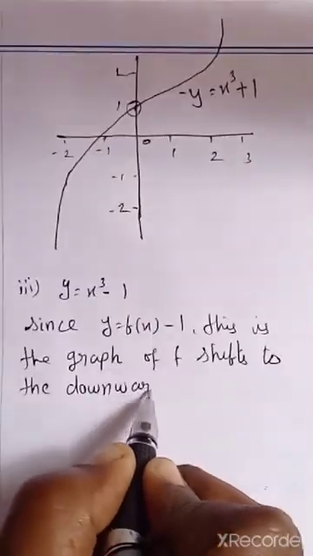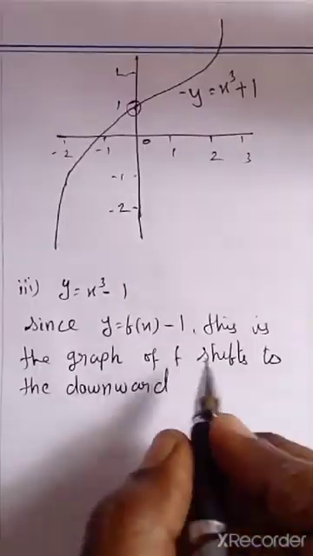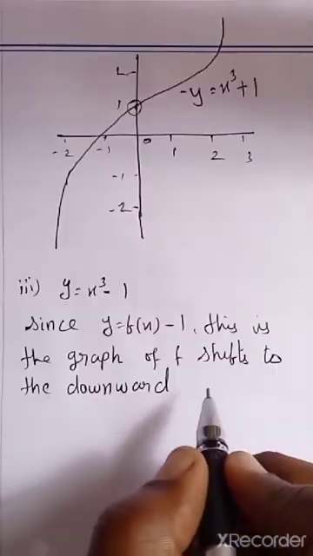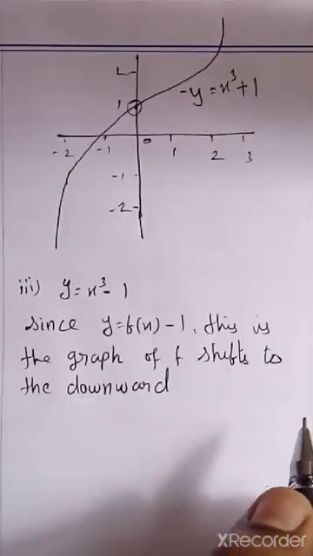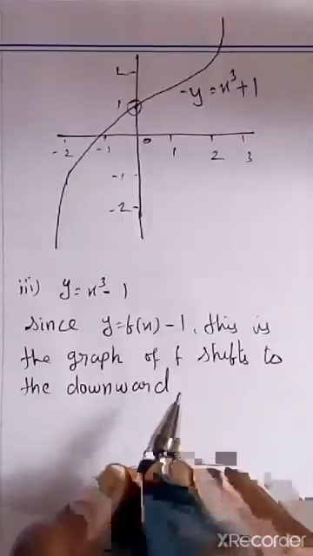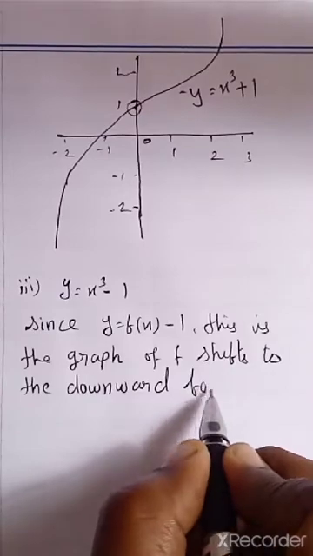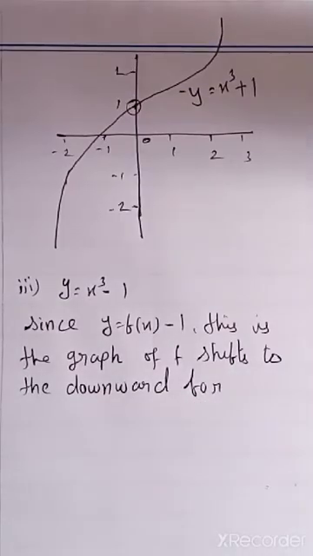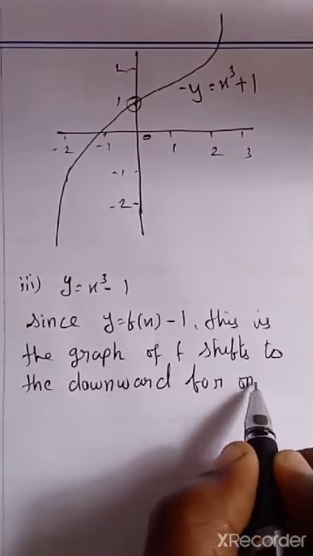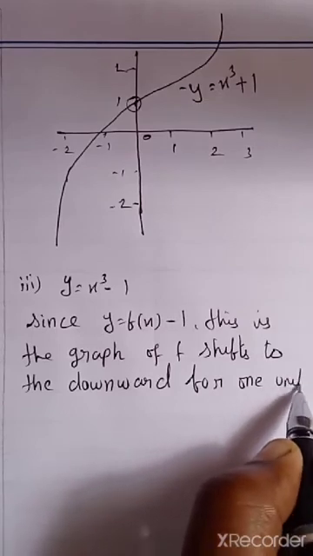Why are we shifting downward? If we subtract 1 unit from the function, we have to shift downward. So downward for 1 unit. Is that clear?